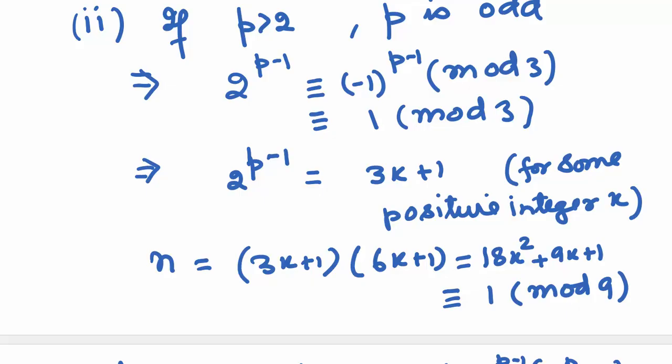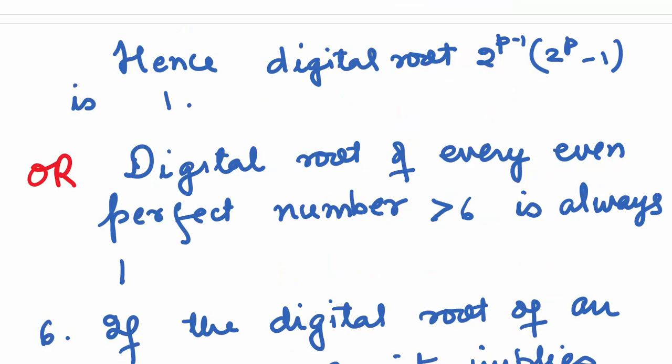So 2 to the power p minus 1 will be of the form 3k plus 1 for some positive integer k. Now n will then become 3k plus 1 into 6k plus 1, which is nothing but congruent to 1 modulus 9. Hence the digital root of 2 to the power p minus 1 into 2 to the power p minus 1 will always be 1.